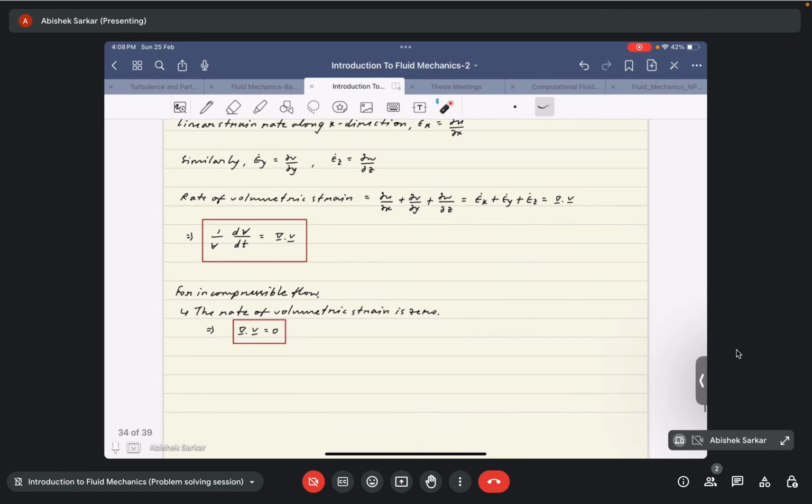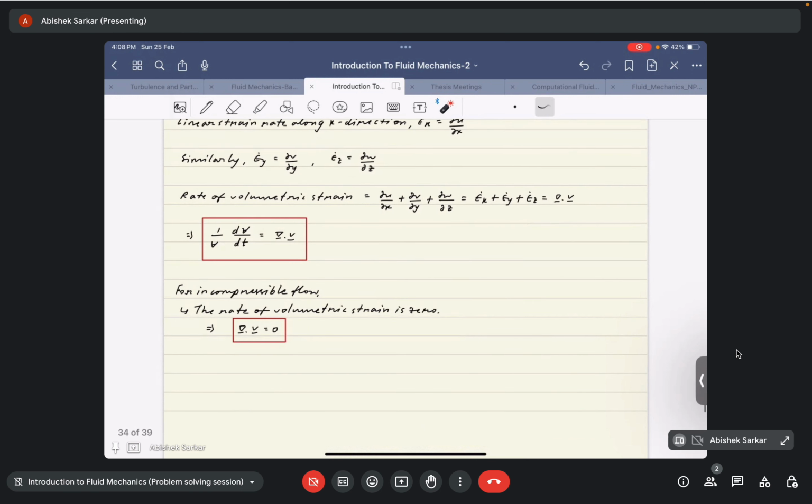And finally, the rate of volumetric strain, if we just recollect from the concepts of solid mechanics, the volumetric strain is found by the sum of linear strains. So similarly, the volumetric strain rate would be given by the sum of all these linear strain rates along the x, y and z direction.